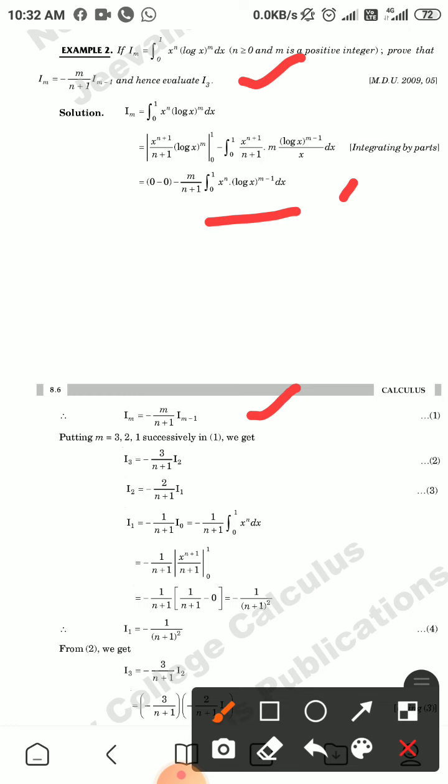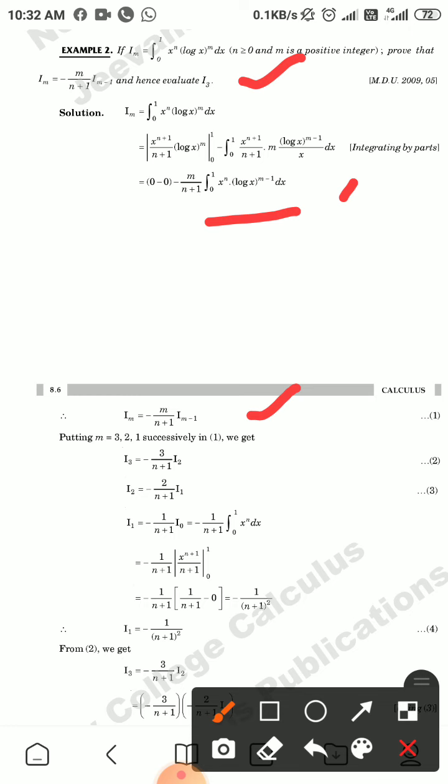Now putting m equal to 3, 2, 1 successively in the first, we get I3 as minus 3 by n plus 1 I2. I2 is obtained as minus 2 by n plus 1 I1, and I1 is equal to minus 1 by n plus 1 I naught.